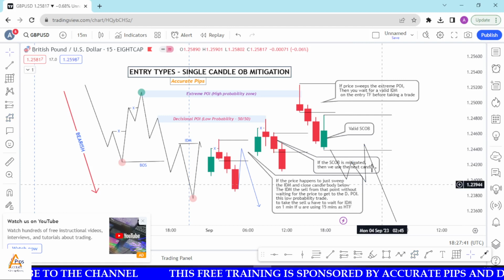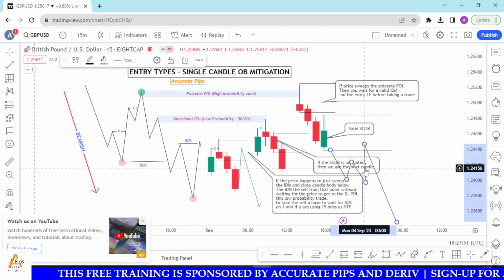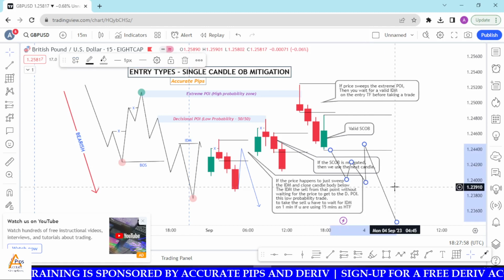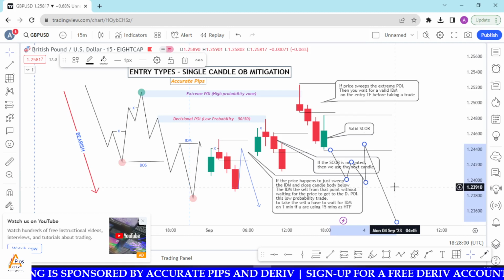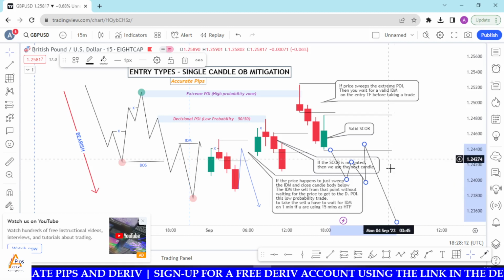Sometimes price doesn't create inducement, but it still mitigates the order block and then continues. But mostly if you see inducement before that, that is high probability. But if there's no inducement and price just sweeps the liquidity, then you can still enter the trade, but you should be aware that that is a low probability setup.